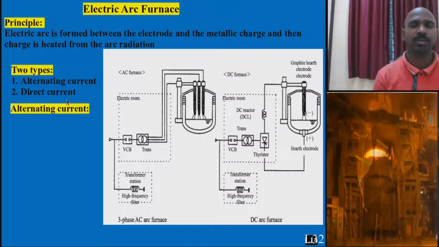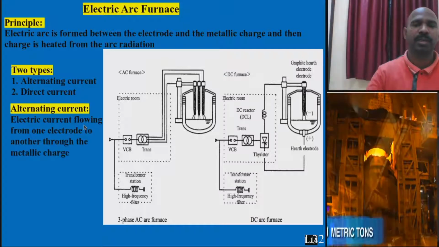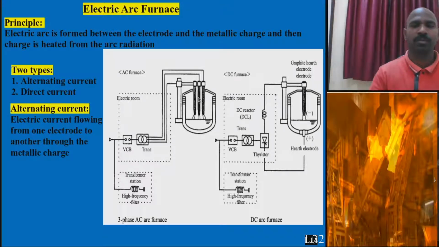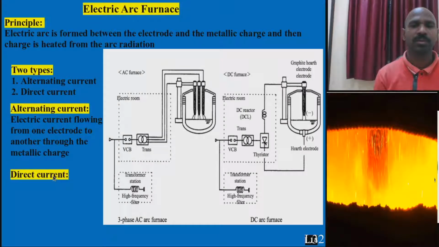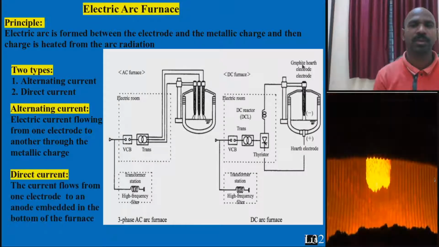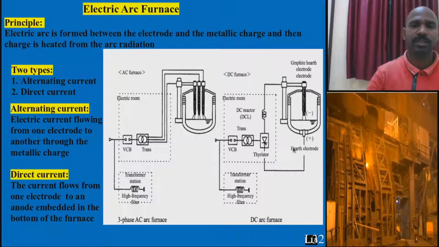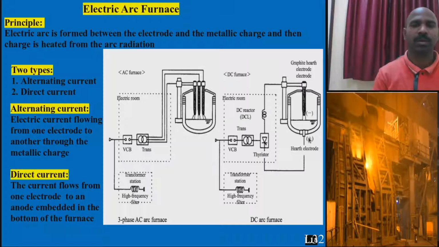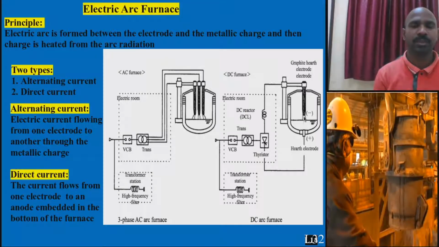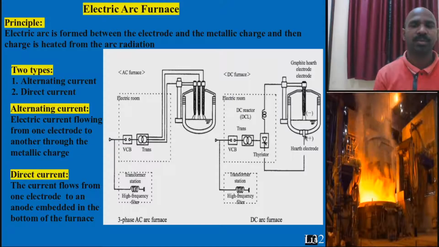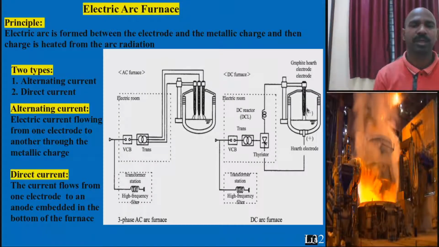The basic difference is that in the case of alternating current, the current flows from the electrode directly to the charge, and in between the radiation evolves. In the case of direct current, the current flows from the graphite electrode to the bottom anode material, which is chosen based on the charge material. The arc is generated between this anode and cathode. One needs to notice this.